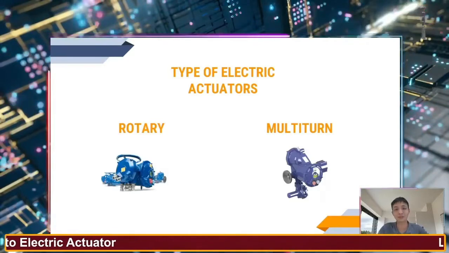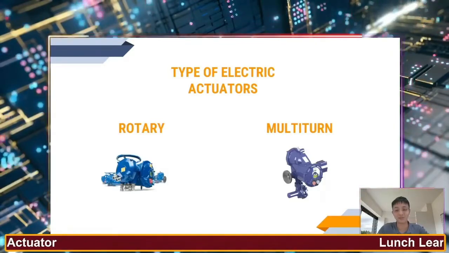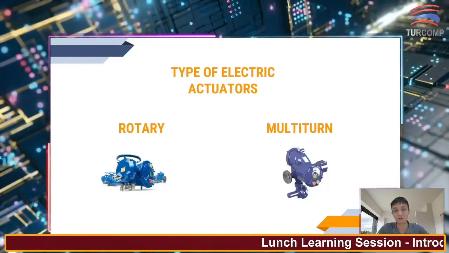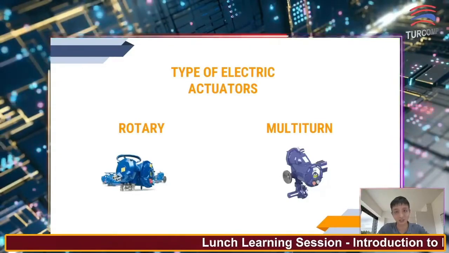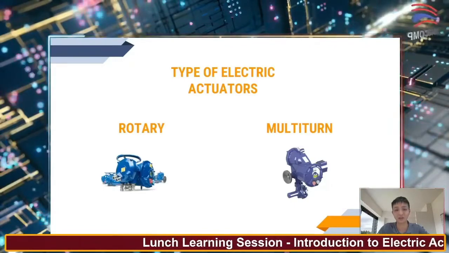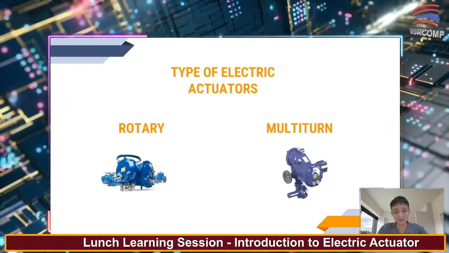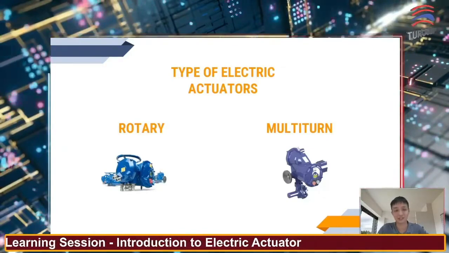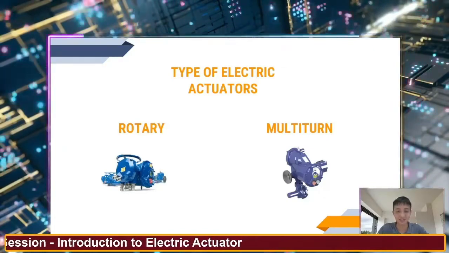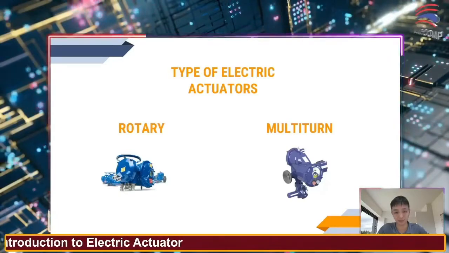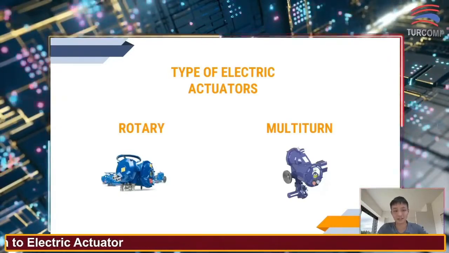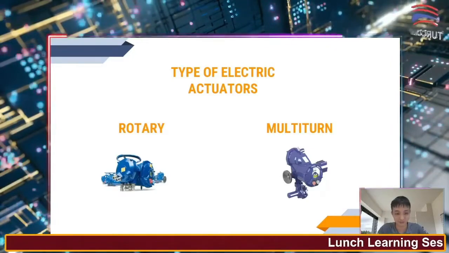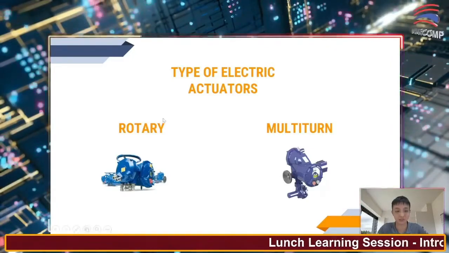For example, if we have a very big ball valve, like 20 inches or 30 inches, based on the sizing it is not hard to imagine that the size of the actuator is going to be really big. And because it's a ball valve, naturally it will go to rotary, the one on the left.